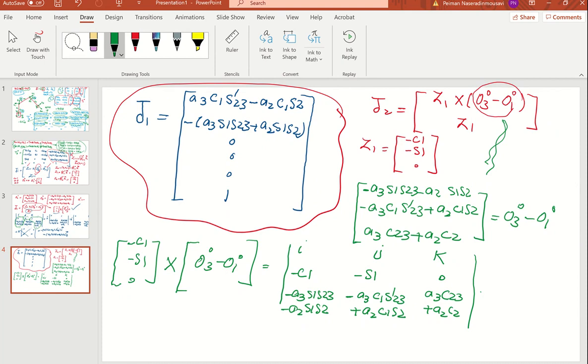Minus sine, this is right, and this is cosine, this is right, and the k is minus cosine, minus sine in a prime, and that's right, minus s1 this, s2 this, and a3 minus cosine square plus minus a2 sine.